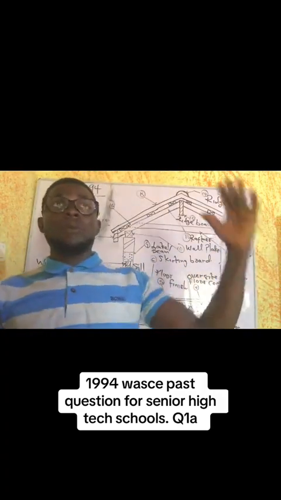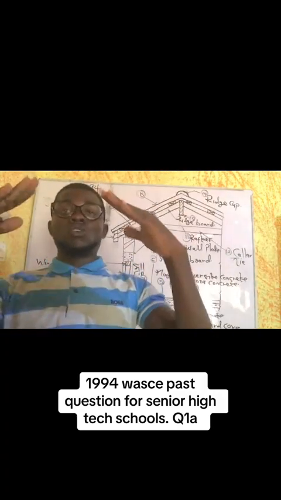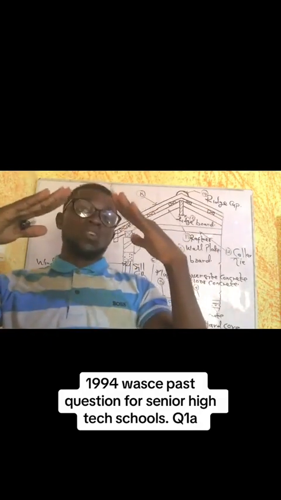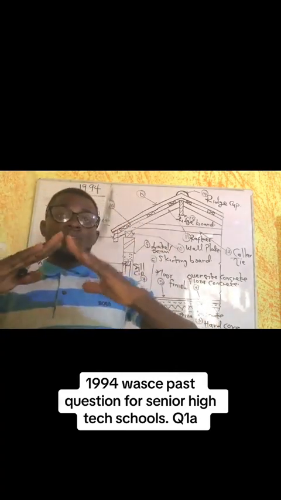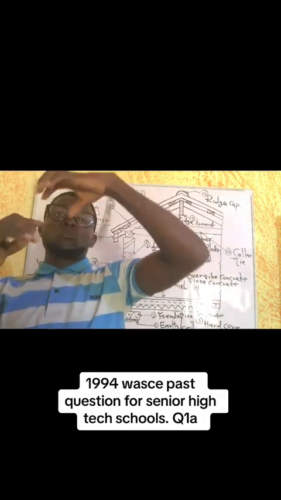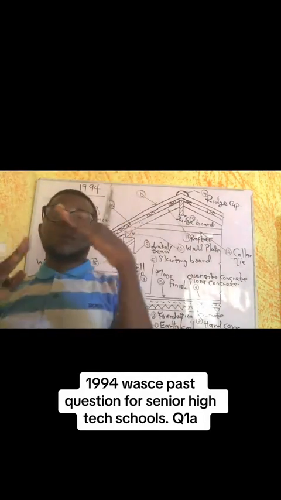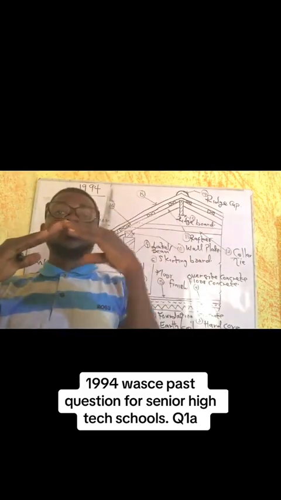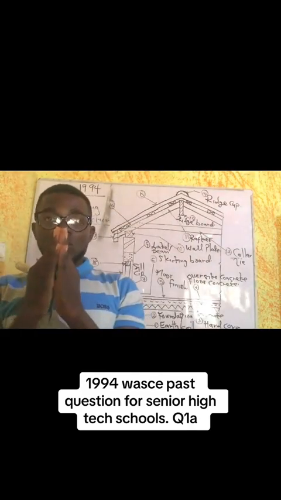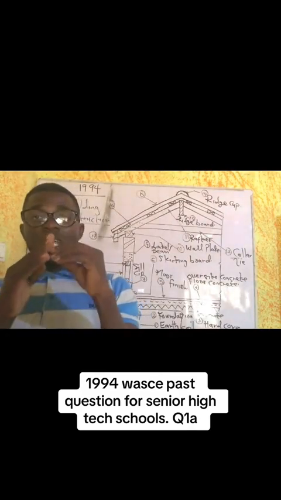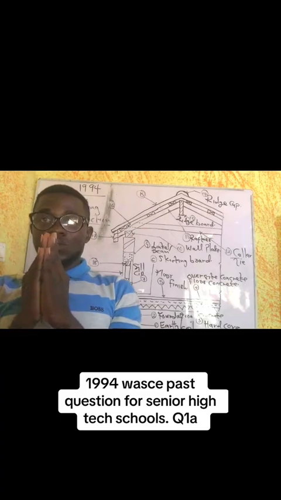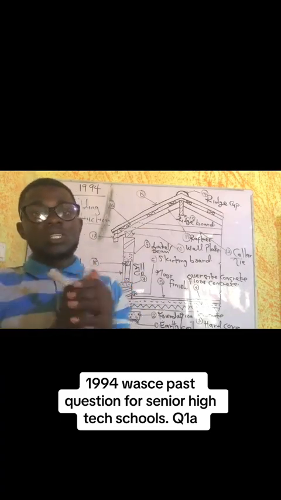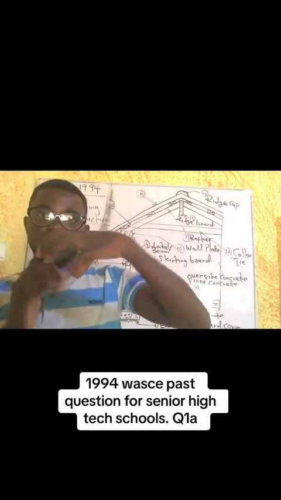When the roofing members come on board, because it is in the A form, or there's a slope for it, we need a cap to cover the two. If you don't cover that place, water will penetrate from that angle or from that end. So it is very important to use the ridge cap to cover that side.